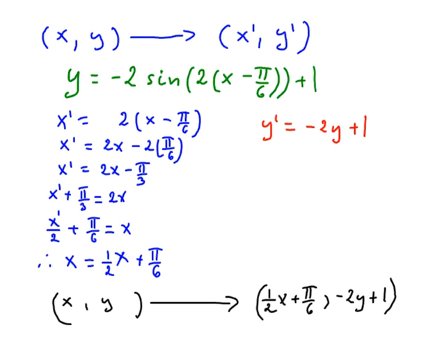So the mapping formula. So we have the coordinates of x and y. Any coordinates on that function y equals sine x are being mapped into x prime, the image of x, and y prime, the image of y, using this new transformed function.